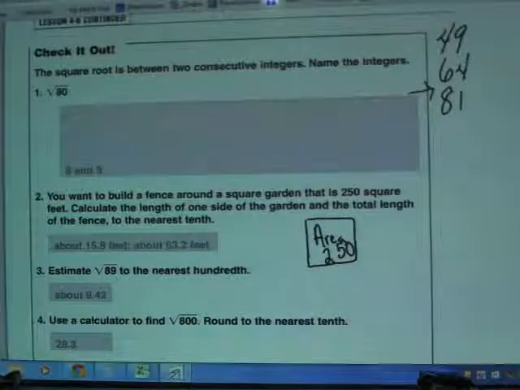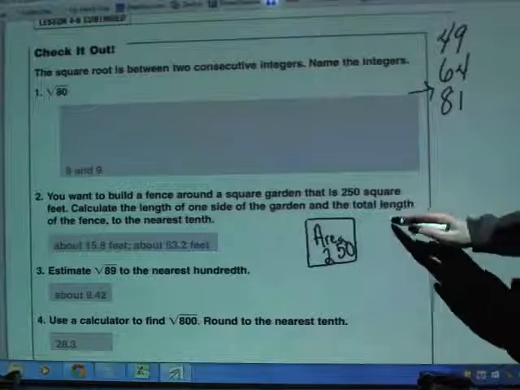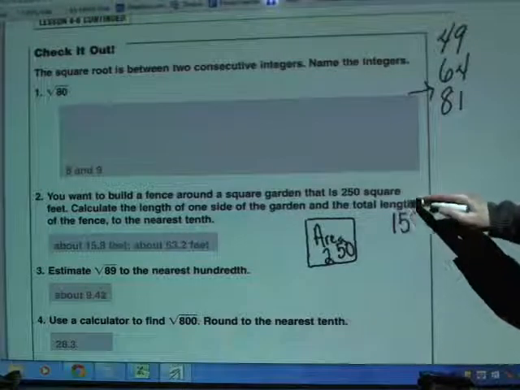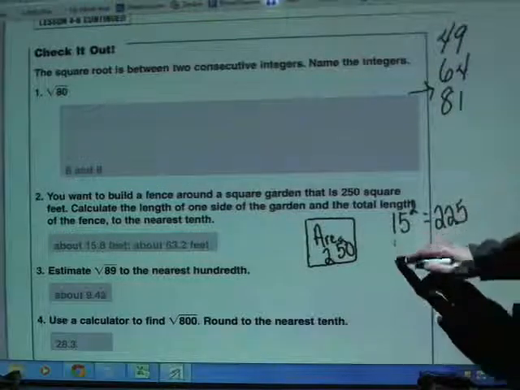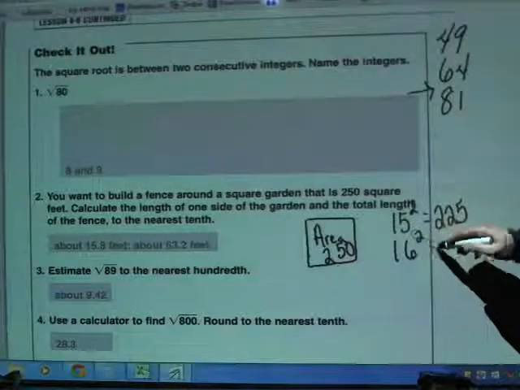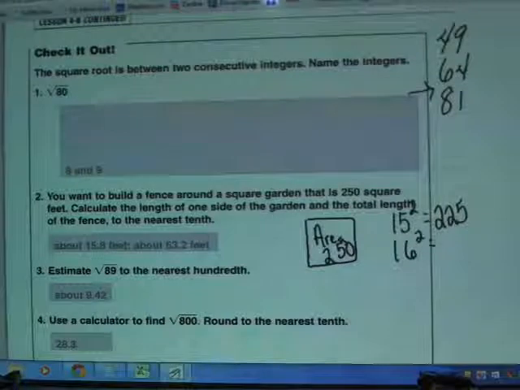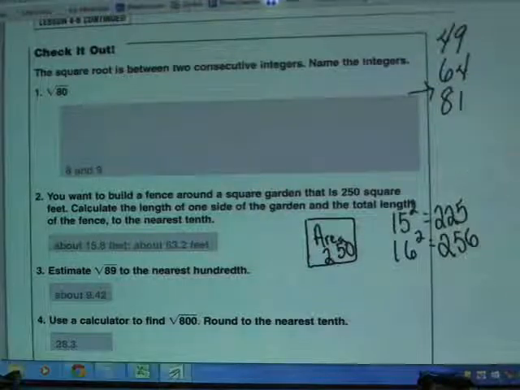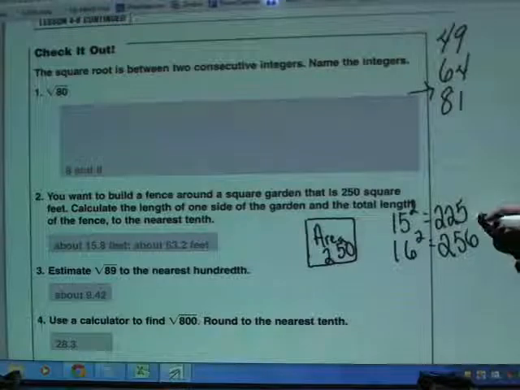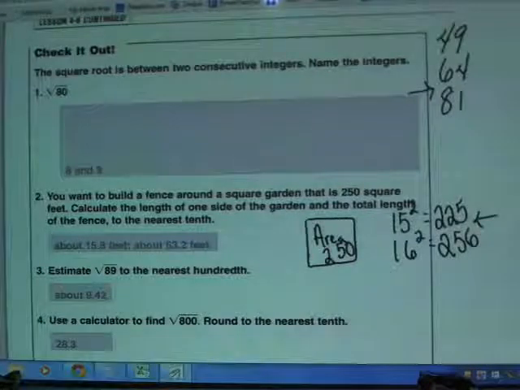That's not too far off, so 15 squared is something we might end up working with here. 16, when I take 16 and square it, which is the next value, 16 squared is going to equate to 256. Well, that worked out pretty well because I found the nearest number that was below and the nearest number that was above. So 250 is going to fit right into here. So my answer is somewhere between 15 and 16.